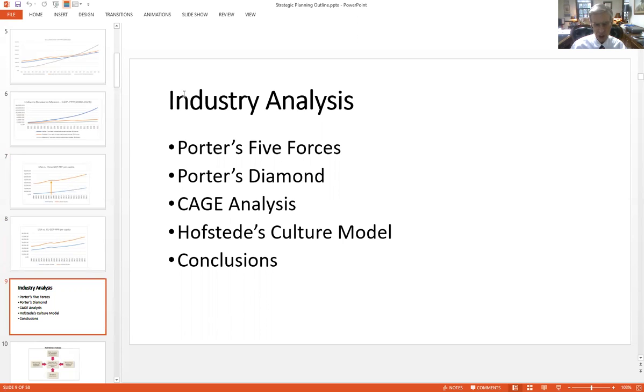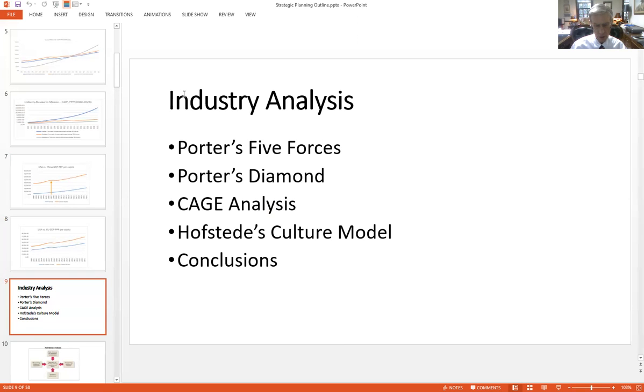The CAGE analysis given to us by Pankaj Ghemawat, a colleague at Harvard of Michael Porter, much younger. CAGE stands for Culture, Administration, Geography, and Economic Differences between the home country and the country that you're looking at.